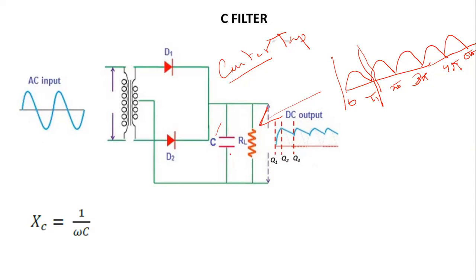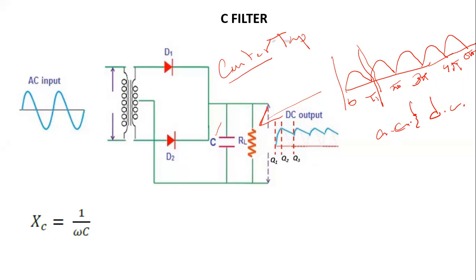As you know, this is not a constant current, it is an alternating signal. So we can assume that the output of this rectifier contains a certain AC component as well as a DC component. Certain ripple component is still available in the output of a rectifier.